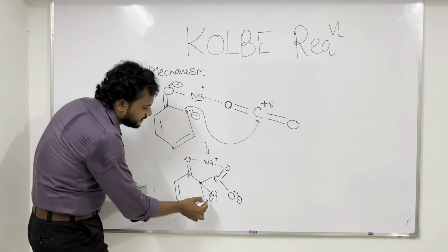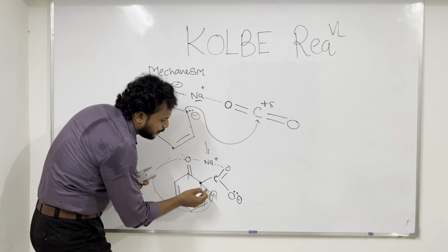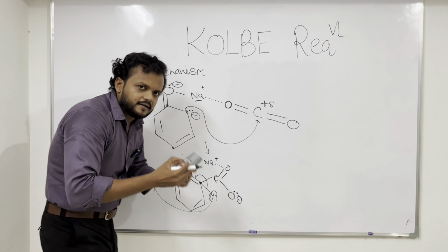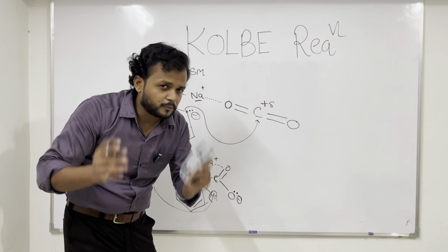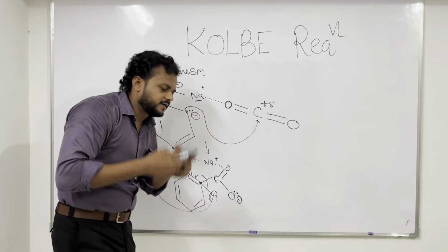So this hydrogen is transferred to this oxygen, and this carbon hydrogen bond is going to shift inside the ring system, and thus there is a restoration of aromaticity. So again this compound is going to achieve its stability.